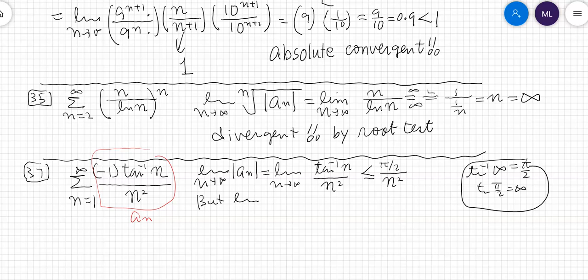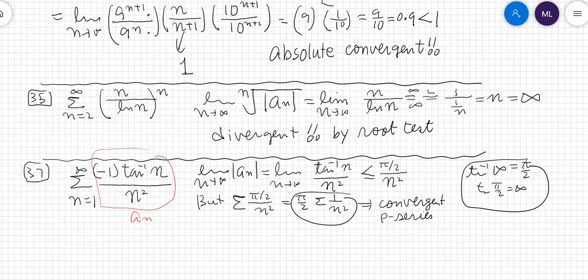But the summation of pi over 2 over n squared is pi over 2 times the summation of 1 over n squared. This is convergent. Okay. P series, because this guy is p equals 2.